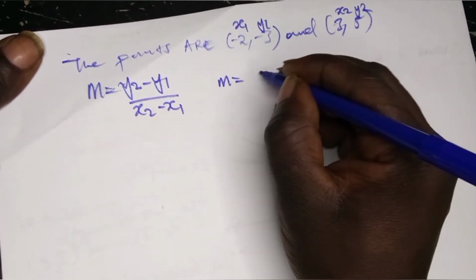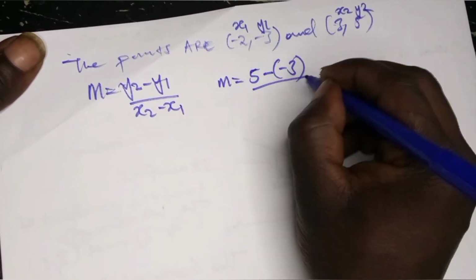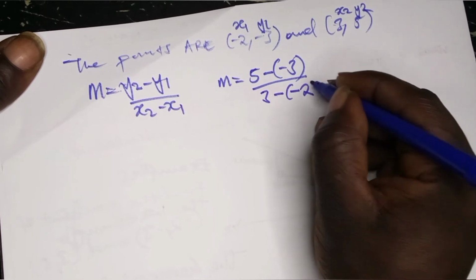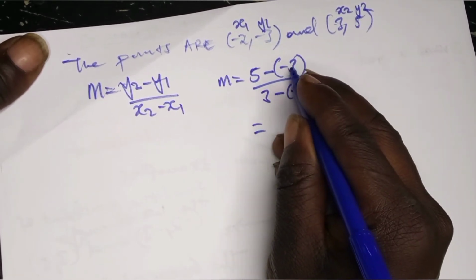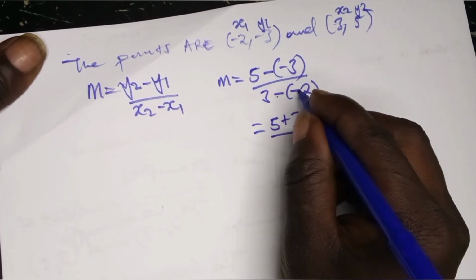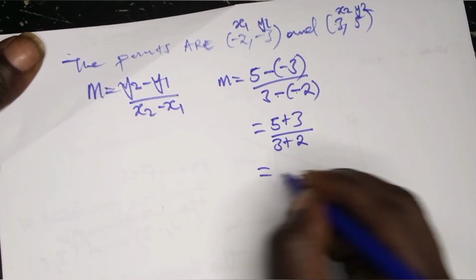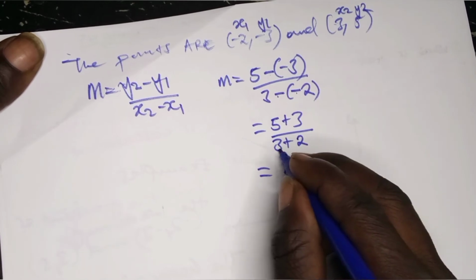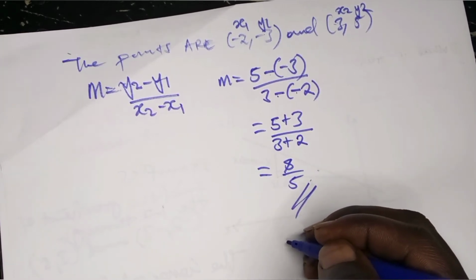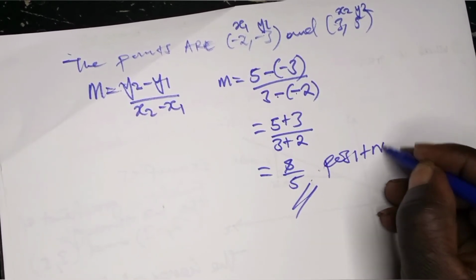Where y2 is, we put 5, minus y1, which is negative, so minus (-3), over x2 which is 3, minus (-2). So negative times negative is positive, so it will be 5 plus 3 over 3 plus 2, which equals 8 over 5, and this is a positive gradient.